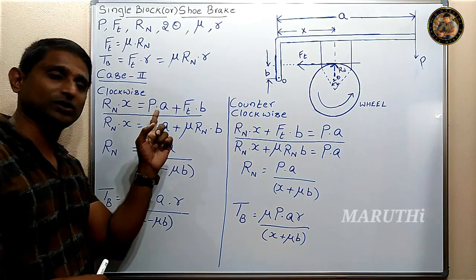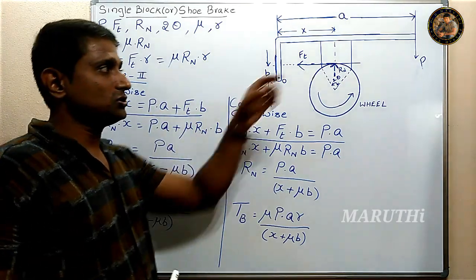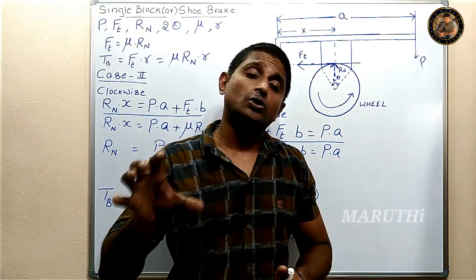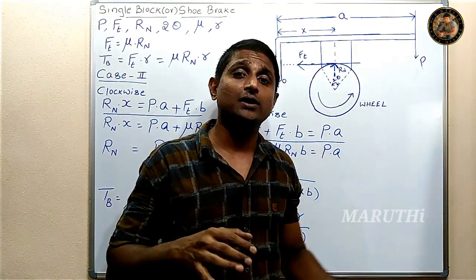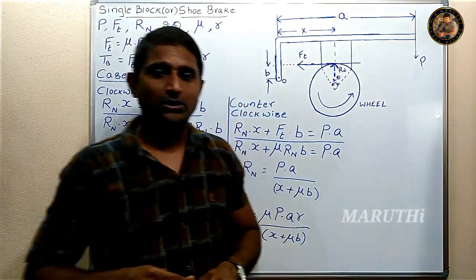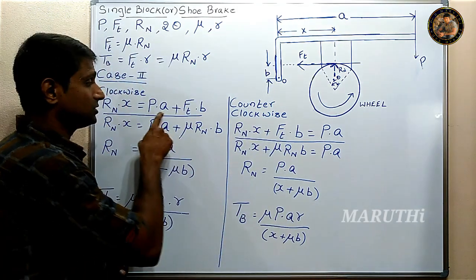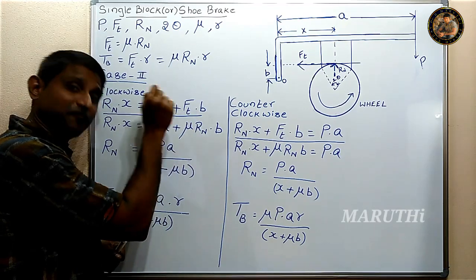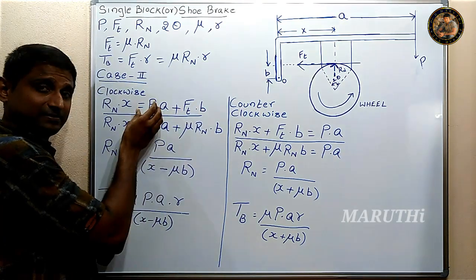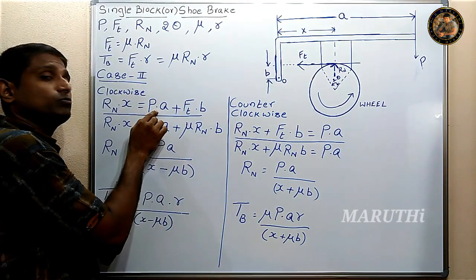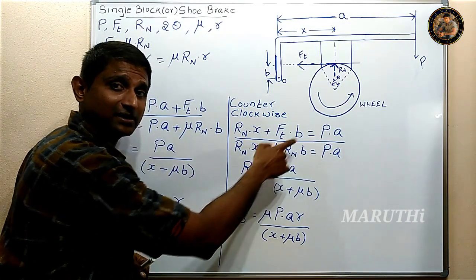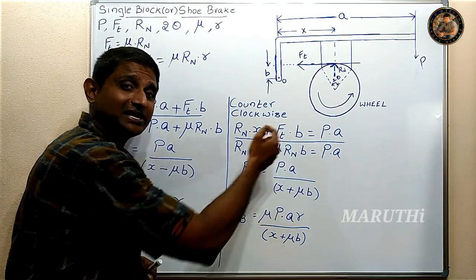So if you compare these two, the external force is P, the external force we are providing to apply the brakes. What happens here is this Ft into B, the moment because of the friction force, is adding to the moment because of external force P. But here it is not adding, it is in the opposite direction.